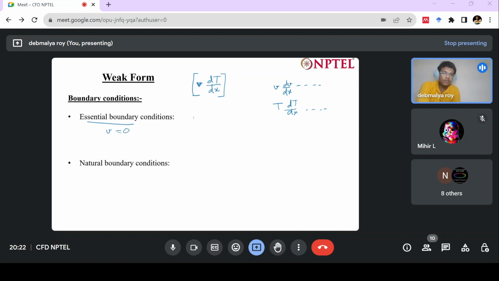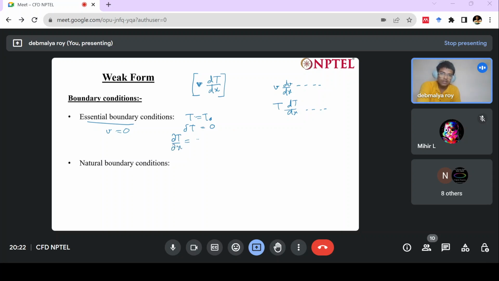Because some parameter is specified there. For example, if t is specified, t is t0, something is specified, then delta t will become 0. What about if dt/dx is specified?